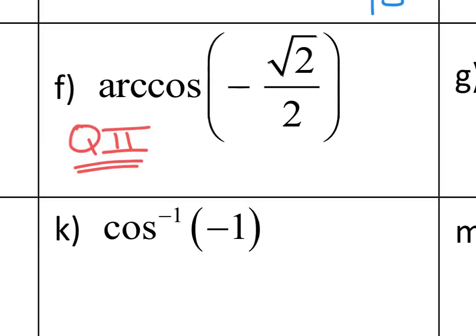So you need to be thinking of 45 as the reference angle. But in the second quadrant, 45 is going to be the angle 135. And you might want to put a little star or highlight this problem, that it's behaving differently than some of the other problems.